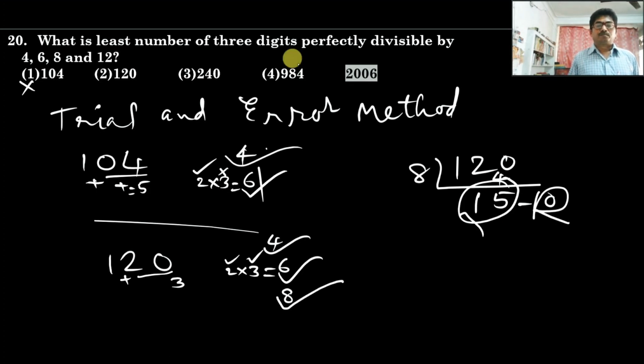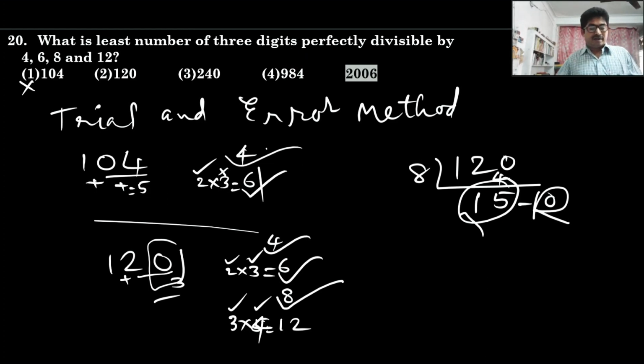Next, 12. If a number is divisible by 3 and 4, then the number is exactly divisible by 12.